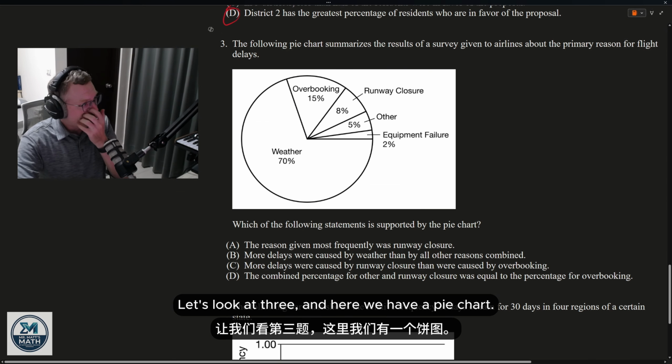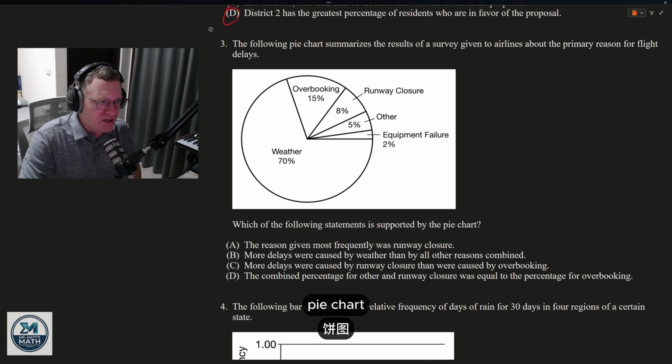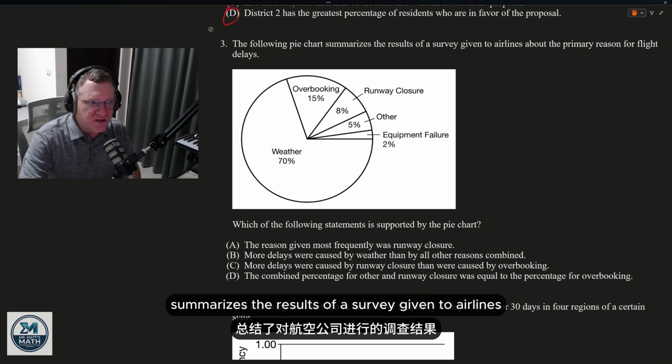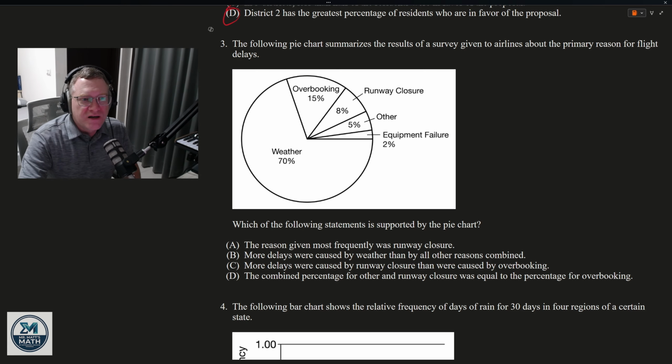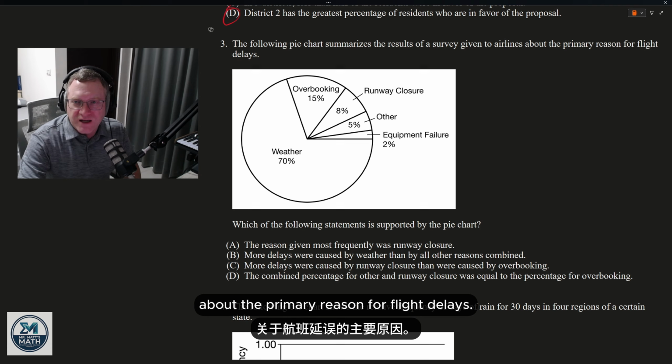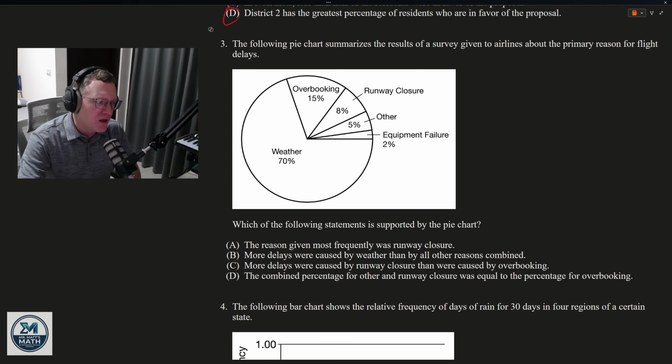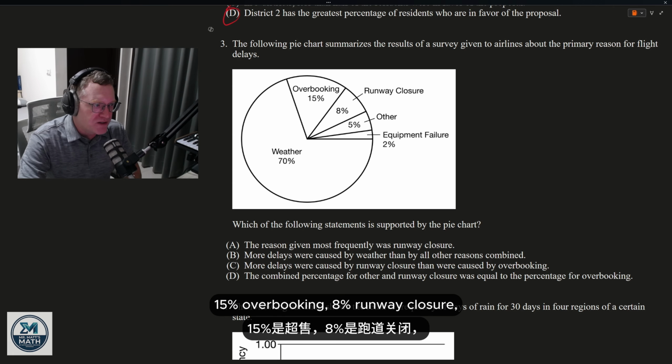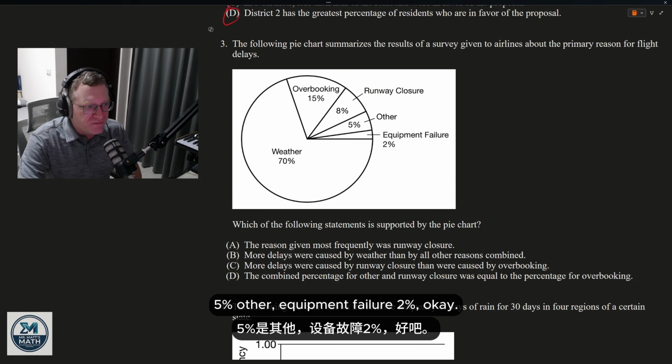Let's look at 3. And here we have a pie chart this time. It says the following pie chart summarizes the results of a survey given to airlines about the primary reason for flight delays. So it looks like 70% weather, 15% overbooking, 8% runway closure, 5% other, equipment failure, 2%.